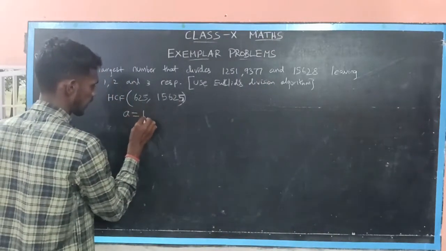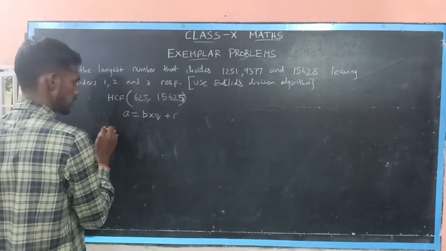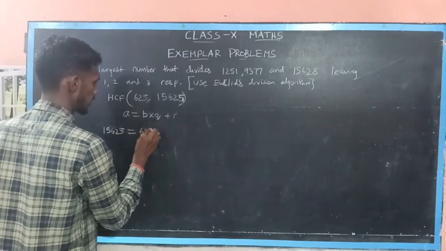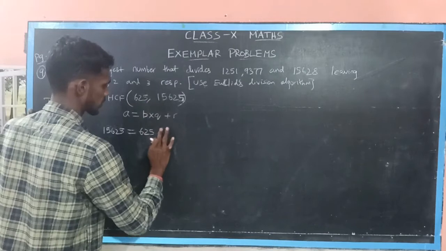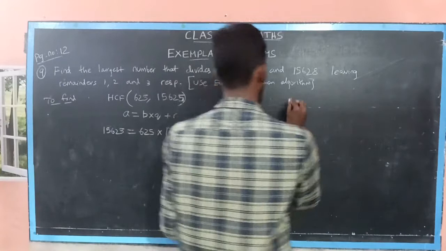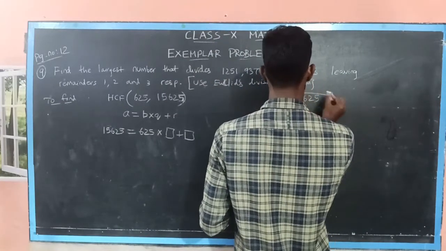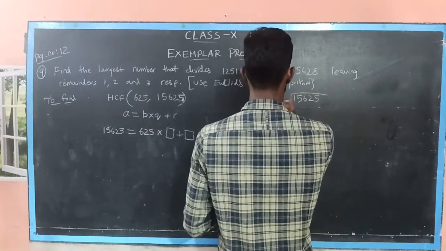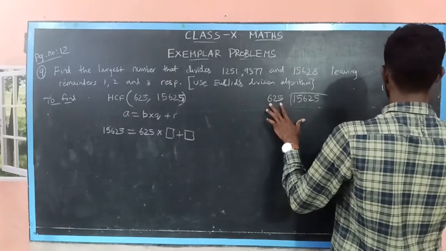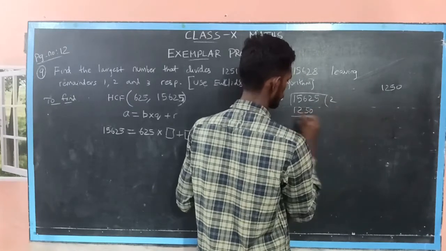Again the condition is A equals B into Q plus R. A is 15,625 and B is 625, into some quotient value plus some remainder value. 15,625 is getting divided by 625.